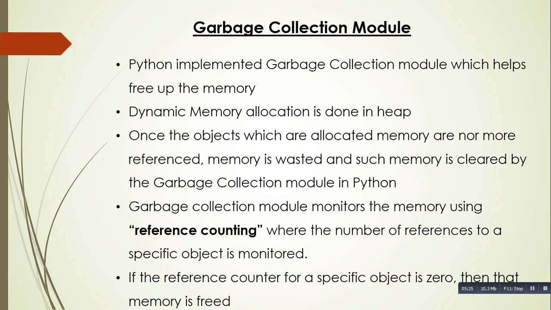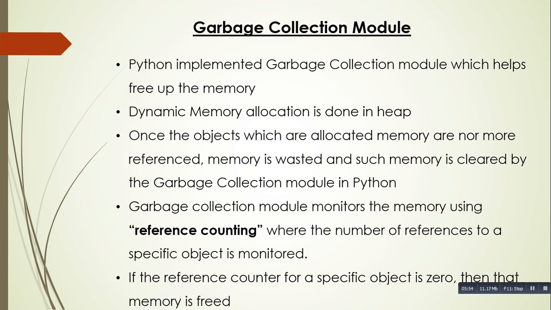Now one small thing we have to remember: we have been saying in C that we allocate memory and free memory. Similarly, whatever object is created in Python, for example if I say a is equal to 3, 3 is an object and a is the reference for that specific object.